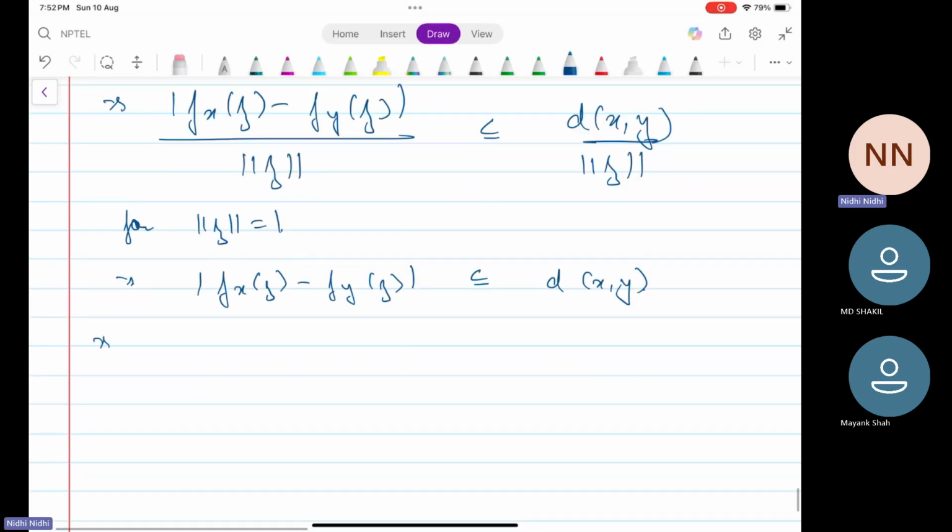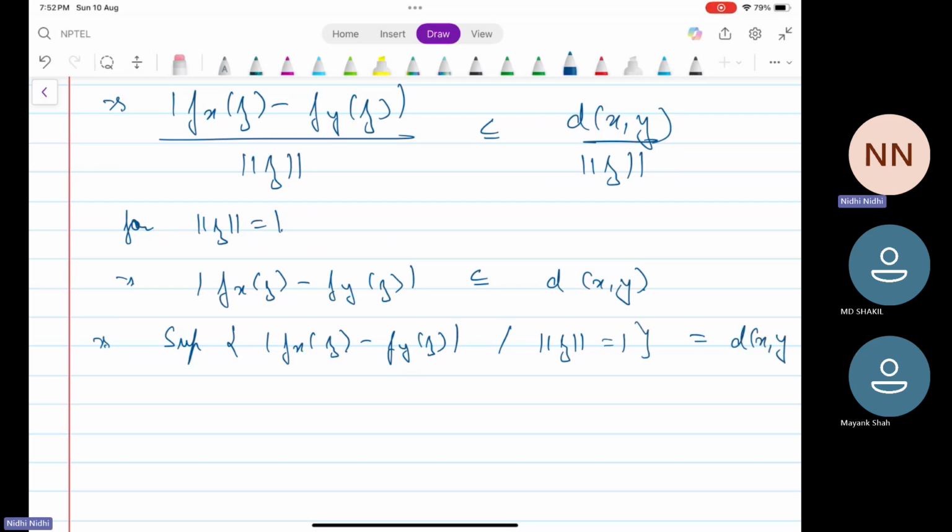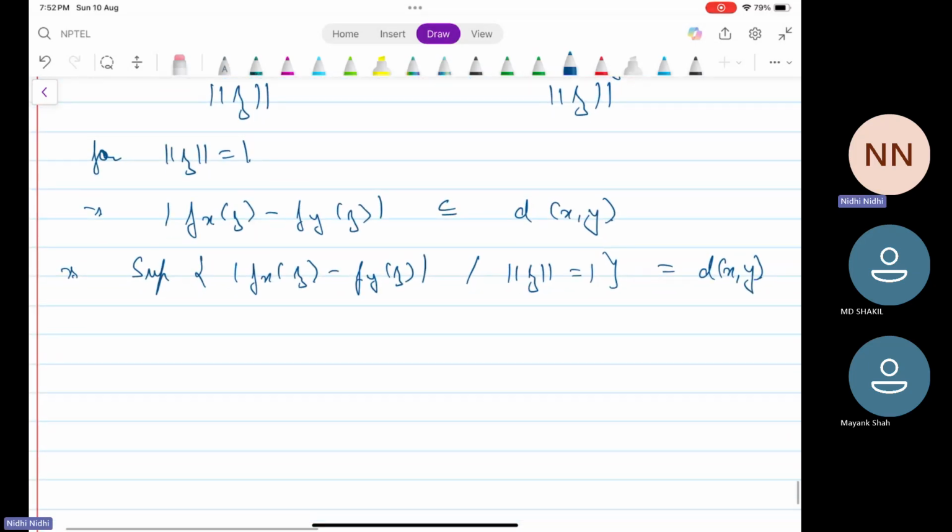From here we get that the supremum of |F(x)(z) minus F(y)(z)| whenever norm z equals 1 is equal to d(x,y). So now I would like you to think yourself how this supremum will be equal to d(x,y).